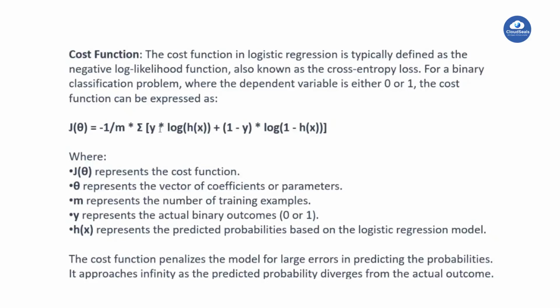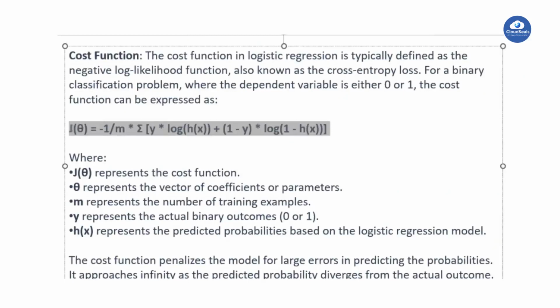That's why it is y times log h(x) plus (1 minus y) times log of (1 minus h(x)). This is the cost function to measure the error in logistic regression.